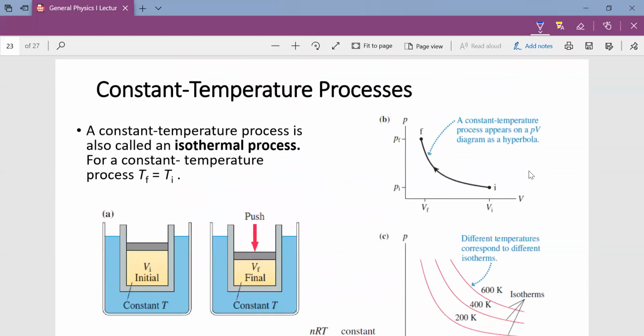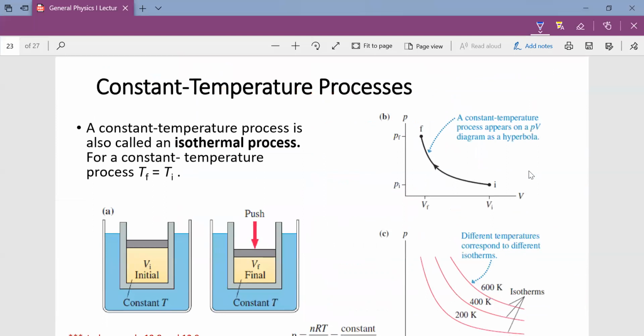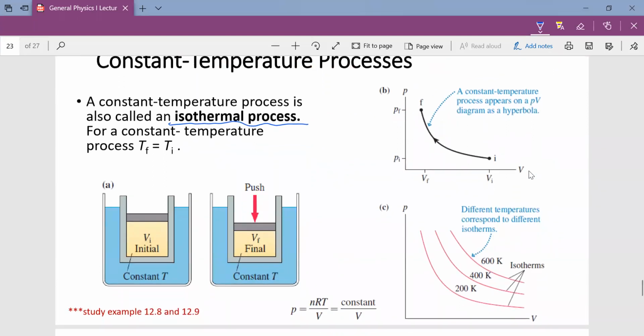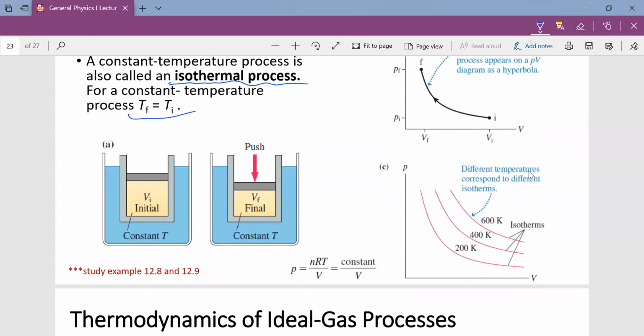The next is the constant temperature process, which we can easily call the isothermal process. That means temperature is kept constant. For such a system, if you keep the temperature constant, as you can see in this diagram, you can actually change pressure by altering the volume.